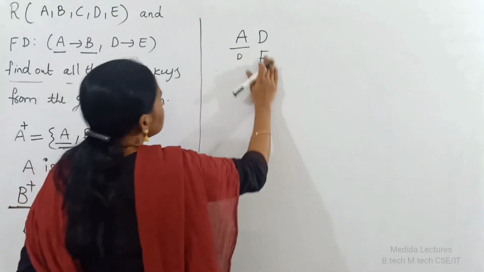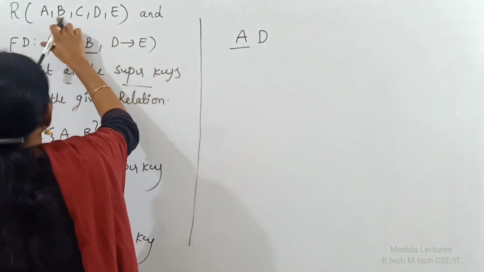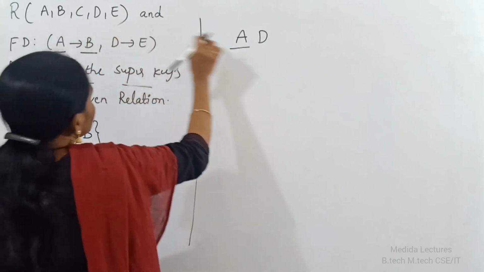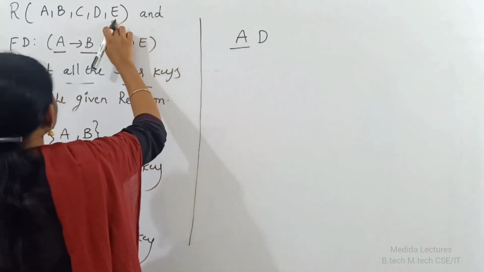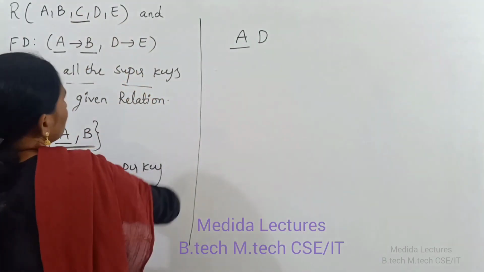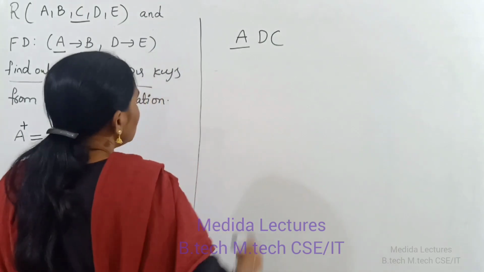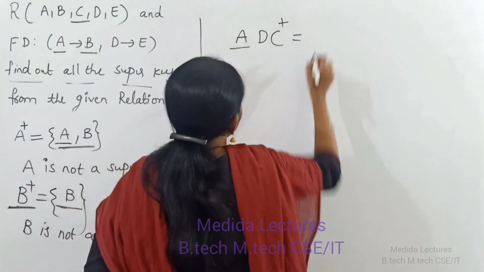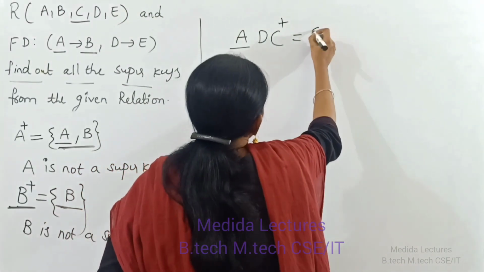So what is the remaining attribute we need? The relation consists of A, B, C, D, E. Using A we can determine B, using D we can determine E. So what is the remaining attribute? C. We need C, so you can add C and find the closure. Now find the ADC closure.